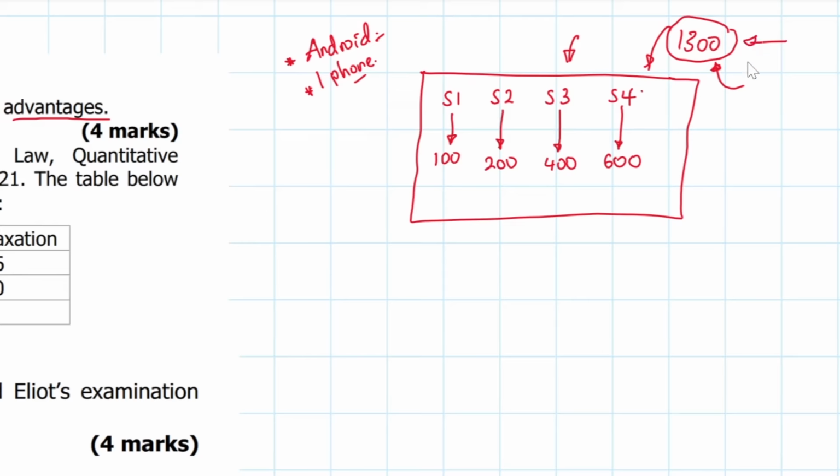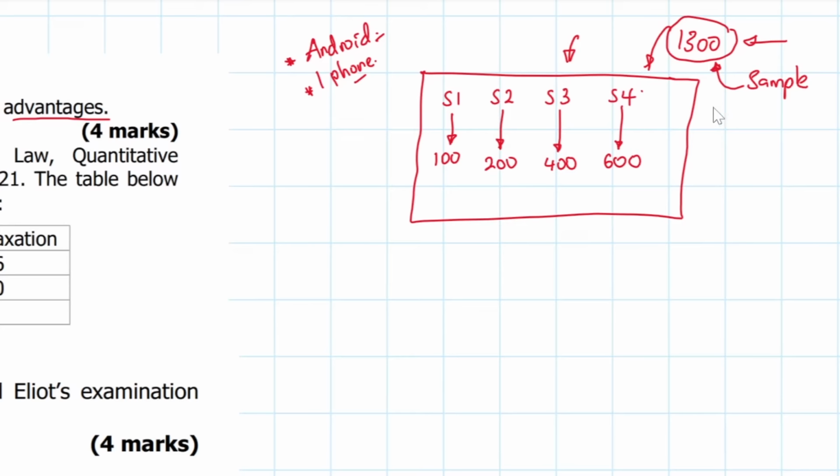We are going to get what we call a representative portion of these 1,300 students. It's a population of 1,300 students, but we are going to get a sample from there, and it is from that sample that we are going to make our statistical analysis.